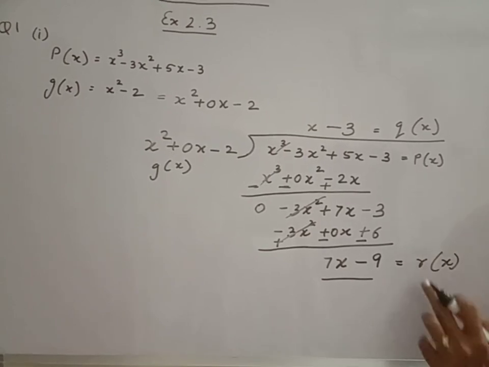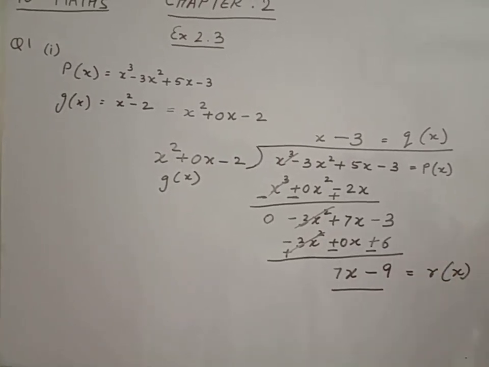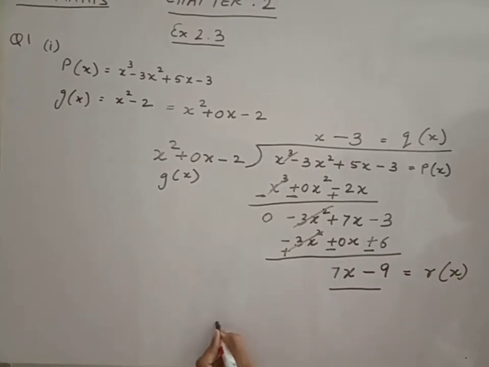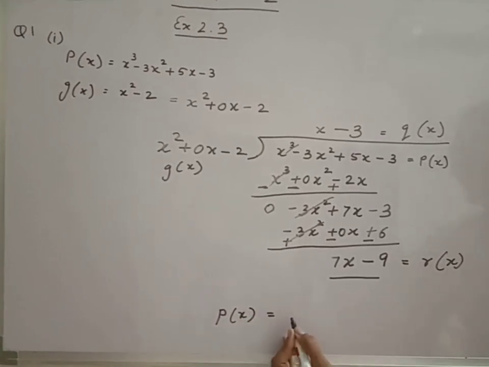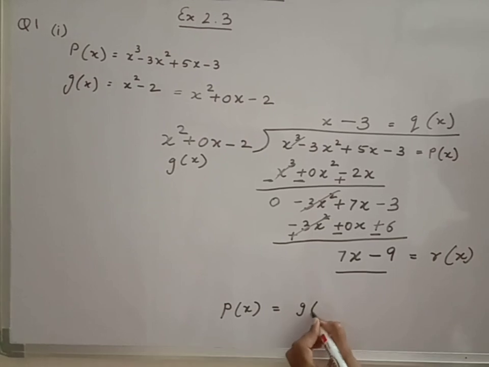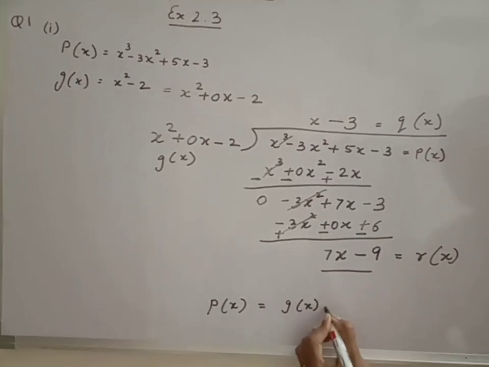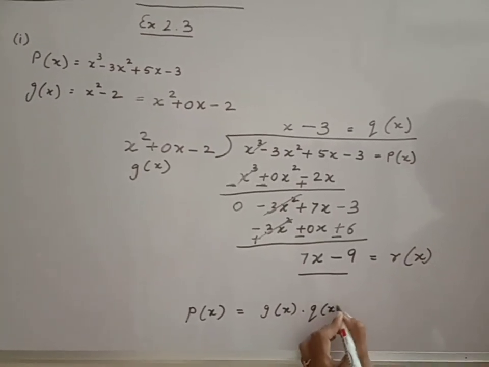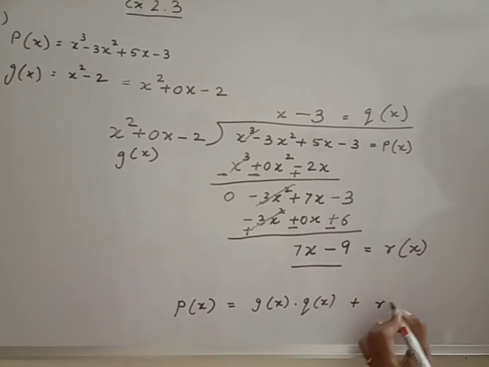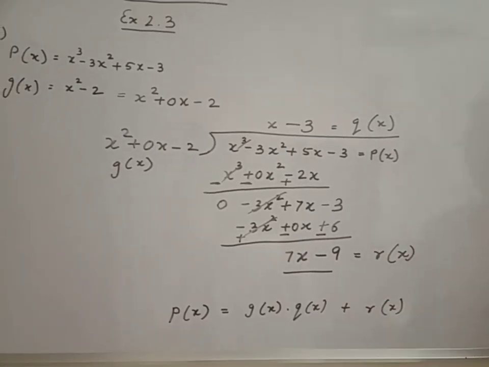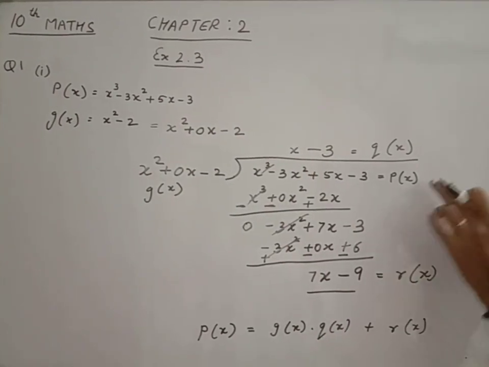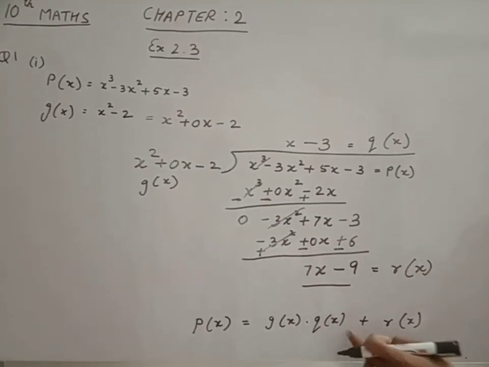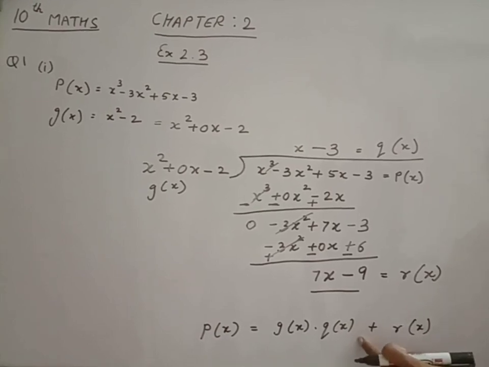It also follows the same relation: p(x), that is the dividend, is equal to divisor into quotient plus remainder. That means if you multiply these two and add the remainder, you will get p(x), just like our natural numbers.